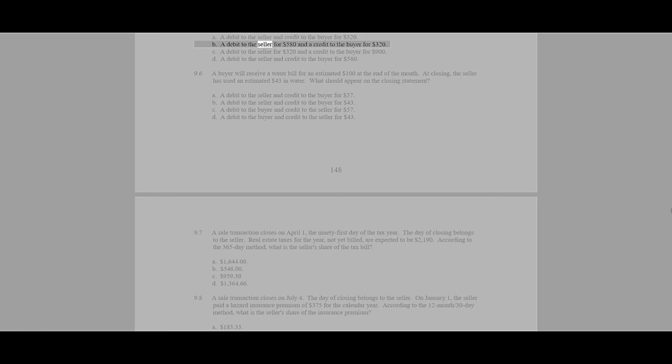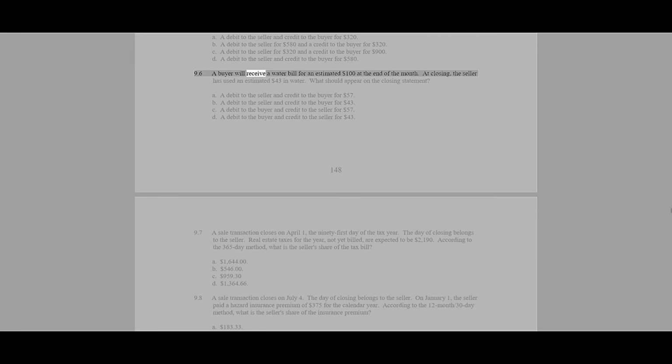B. A debit to the seller for $580 and a credit to the buyer for $320. C. A debit to the seller for $320 and a credit to the buyer for $900. D. A debit to the seller and credit to the buyer for $580.